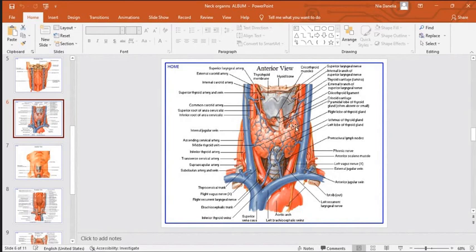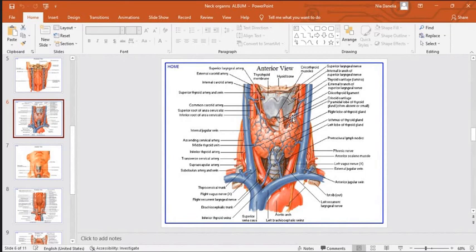Laterally, it is related to the lobes of the thyroid gland. Behind the trachea, between the trachea and esophagus, we have a sulcus where the recurrent laryngeal nerve passes, a branch of the vagus nerve.